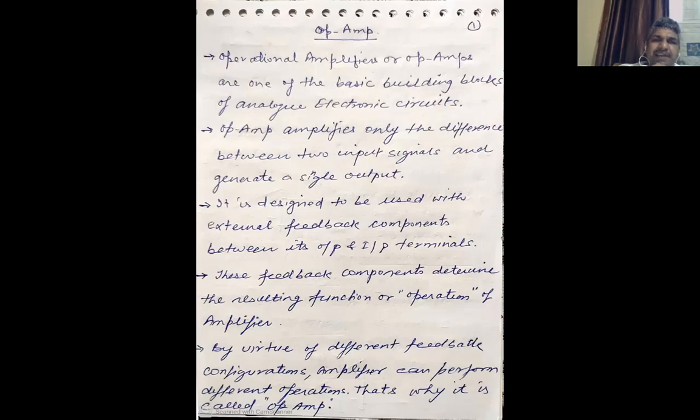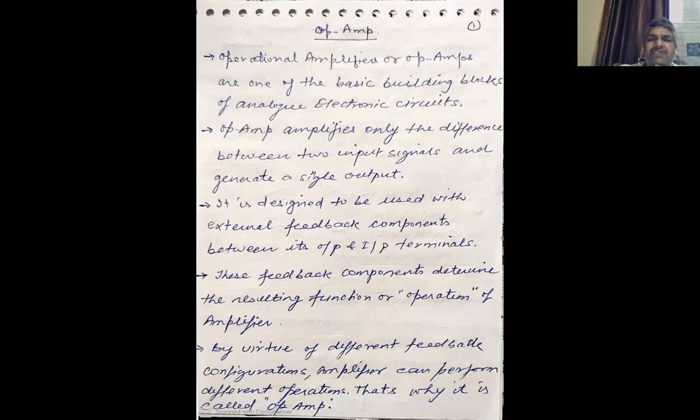Operational amplifiers amplify only the difference between two input signals and generate a single output. We can say an operational amplifier amplifies the algebraic difference between the two input signals and generates an amplified single output.